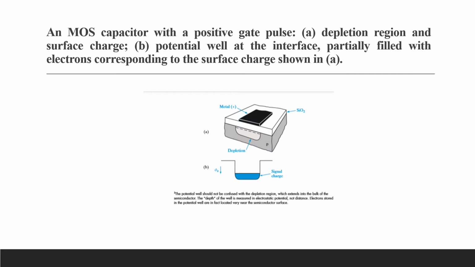A depletion region exists under the gate, and the surface potential increases considerably under the gate electrode. In effect, the surface potential forms a potential well which can be exploited for the storage of charges. Now here you can see a MOS transistor with positive gate pulse here.